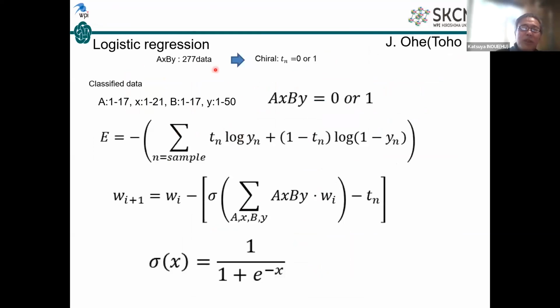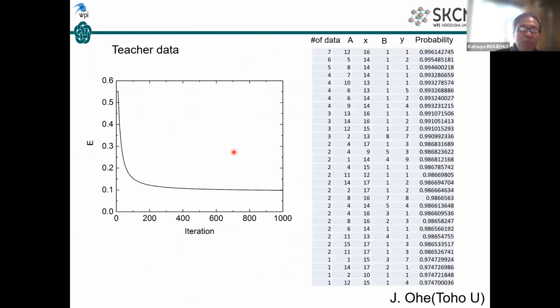We use logistic regression for the snapshot and the crystal space group. Here the number of teaching data is 1,000, and this shows how the space group converges to this one.